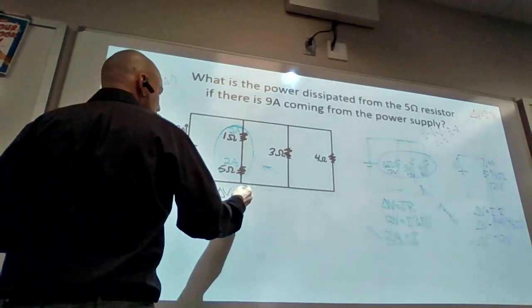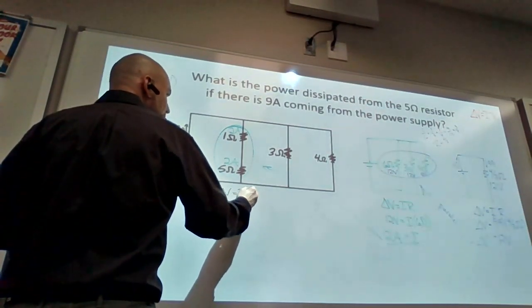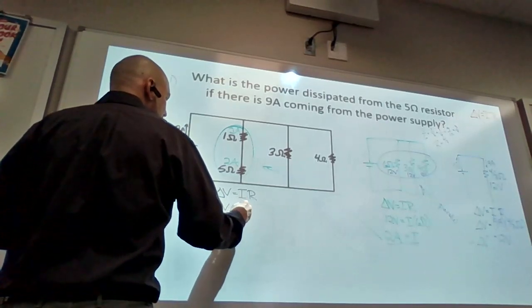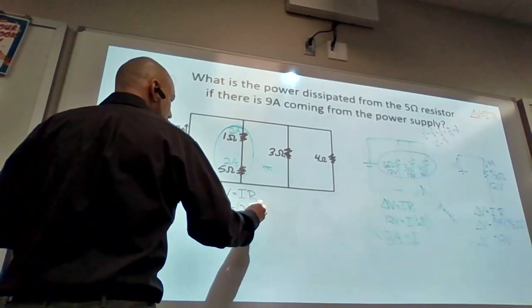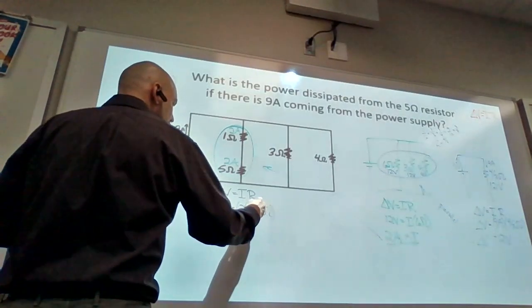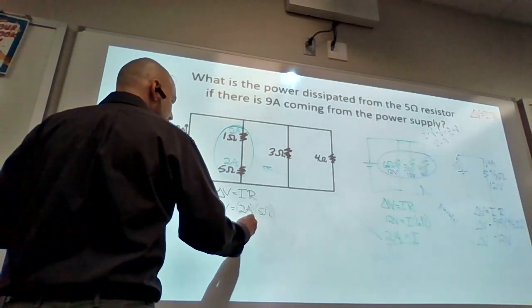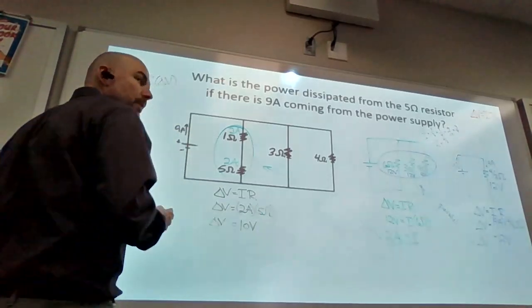Voltage is equal to current times resistance. I'm looking for my voltage, have my current, have my resistance. I find my voltage drop across this to be 10 volts.